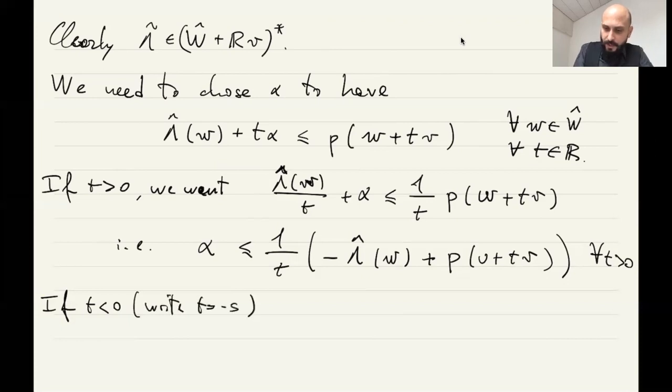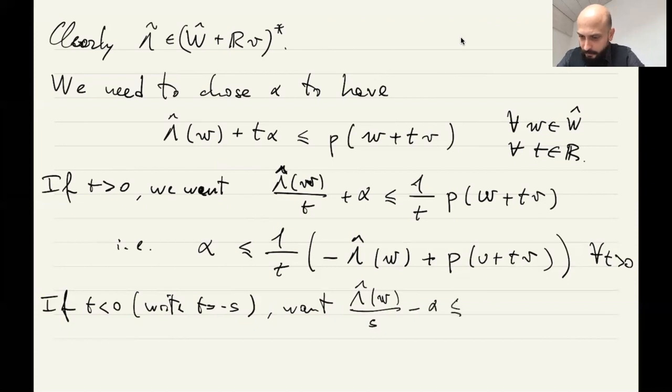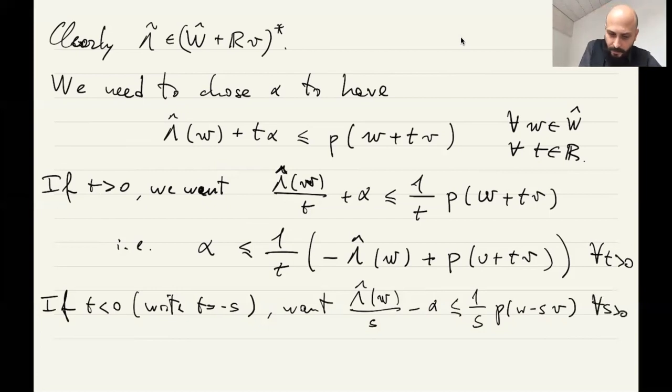Now dividing by s, what we want is lambda hat of w divided by s minus alpha less than or equal to 1 over s p of w minus s v, for all s positive, i.e.